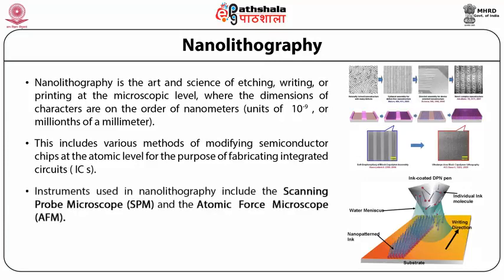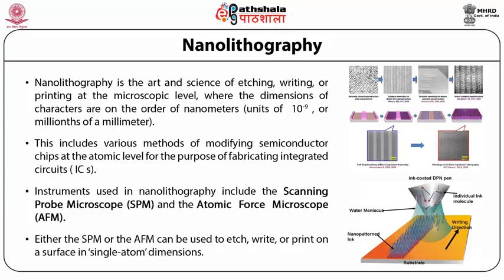The instruments used in nanolithography include the SPM, that is the scanning probe microscope, and the AFM, that is the atomic force microscope. Either the SPM or the AFM can be used to etch, write, or print on a surface to a single atom in dimension.